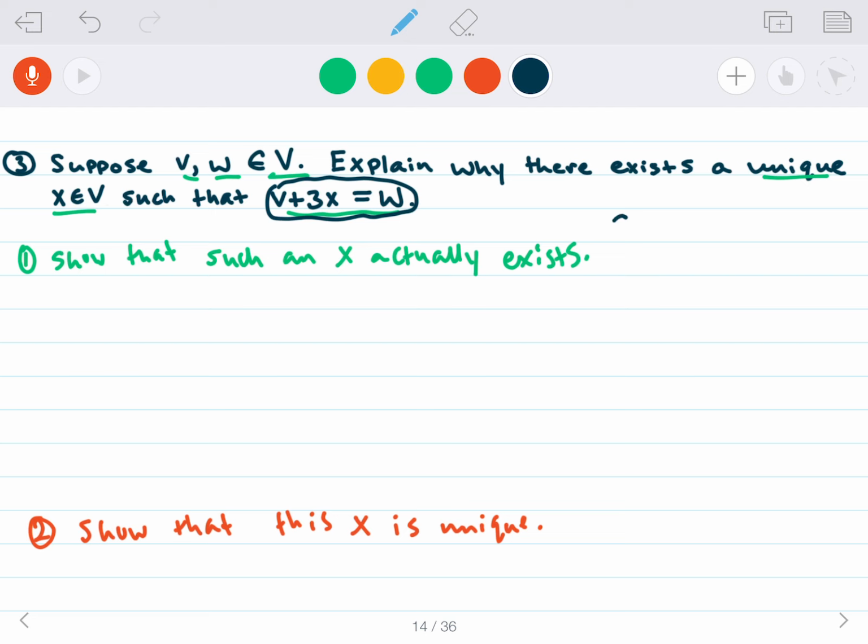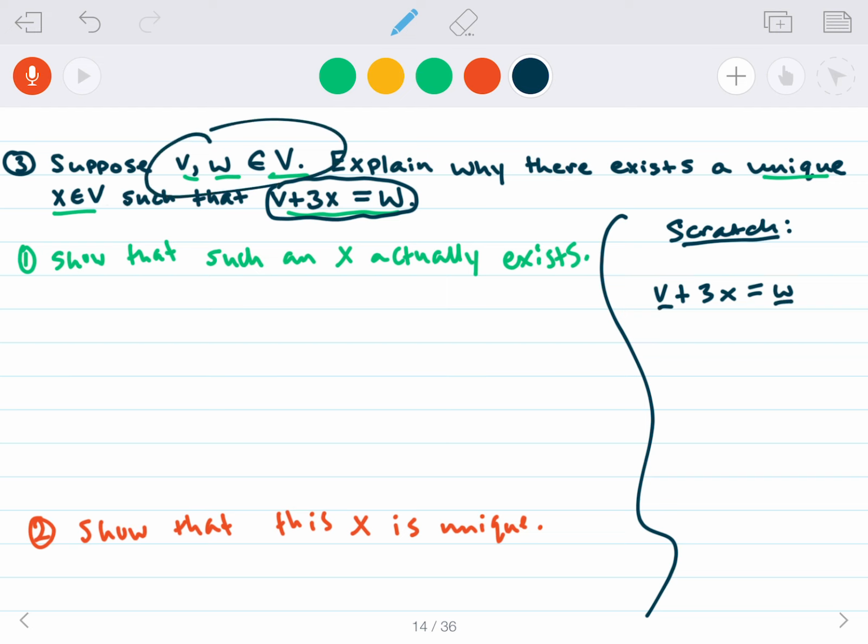So I'm going to do some scratch work because we want to first find out what this vector x actually is. We're given this equation V plus 3x equals W. I can isolate x in this equation. Since V and W are both vectors in a vector space by assumption, they have additive inverses.